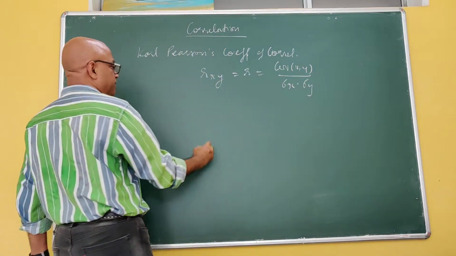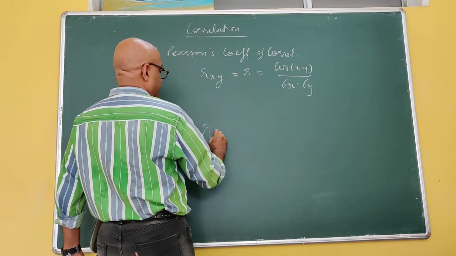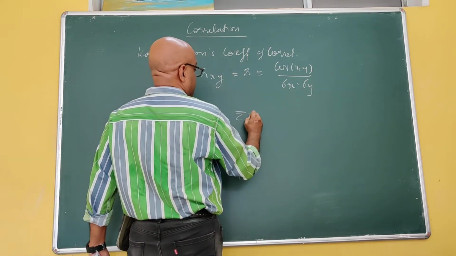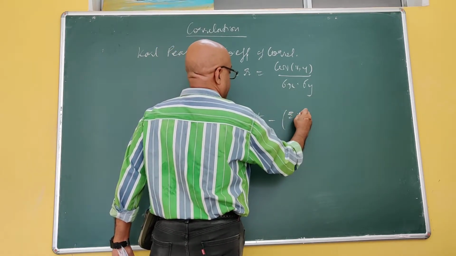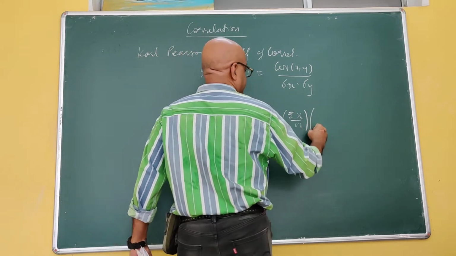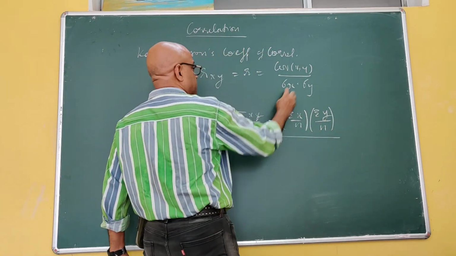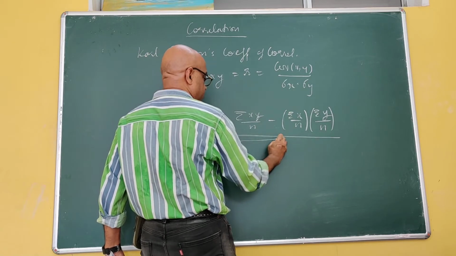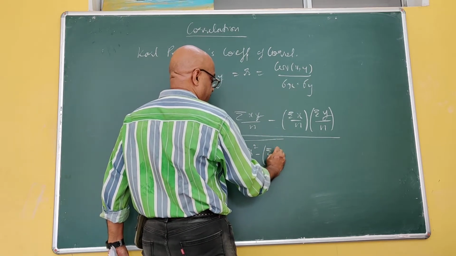First we'll do it when we have no frequency involved. When there is no frequency, it becomes summation xy divided by n minus summation x divided by n times summation y divided by n, the whole thing divided by sigma x, which is the standard deviation, square root of summation x squared divided by n. You have to be careful with this.